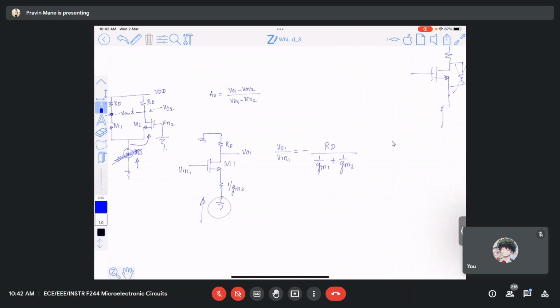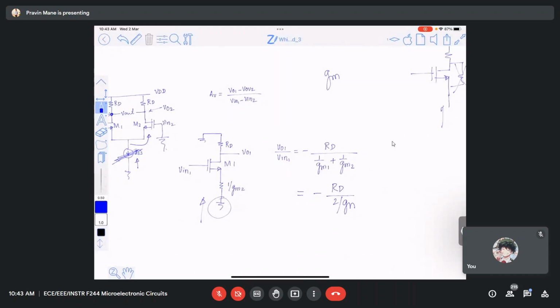What did you say about GM1 and GM2, are they the same? Yes, sir. So what is the voltage I will be getting? Minus RD divided by 1 by GM plus 1 by GM. Who decides the transconductance, small GM?